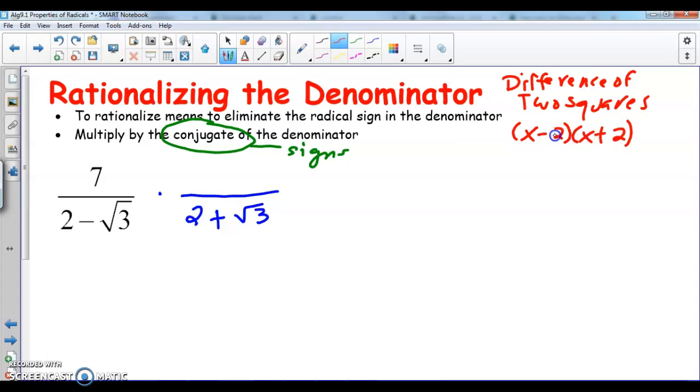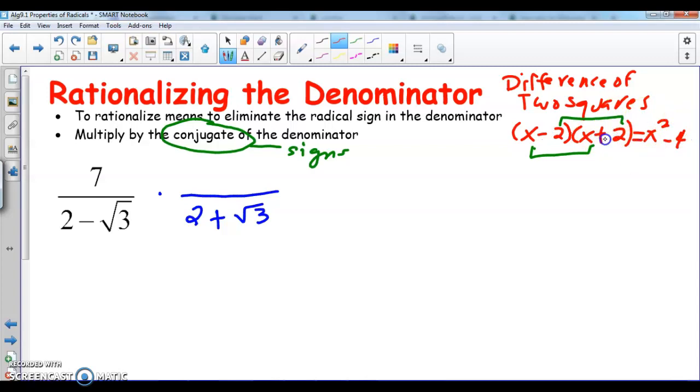So they're similar, but their signs are different. And you remember how to find the answer to this one? You multiply the first together. So x times x, and then negative 2 times positive 2. So the correct answer will be x squared minus 4, because negative 2 times positive 2 is negative 4.